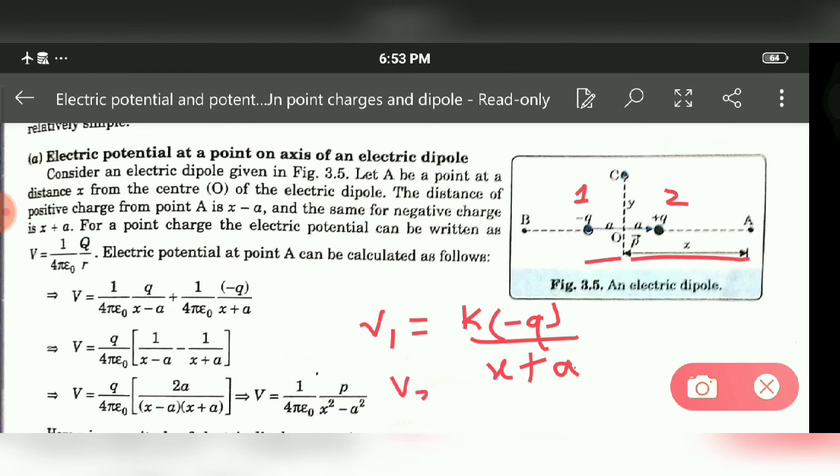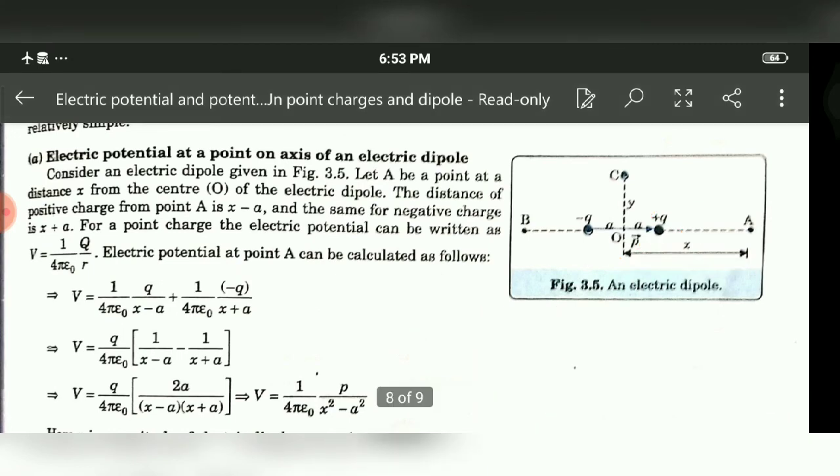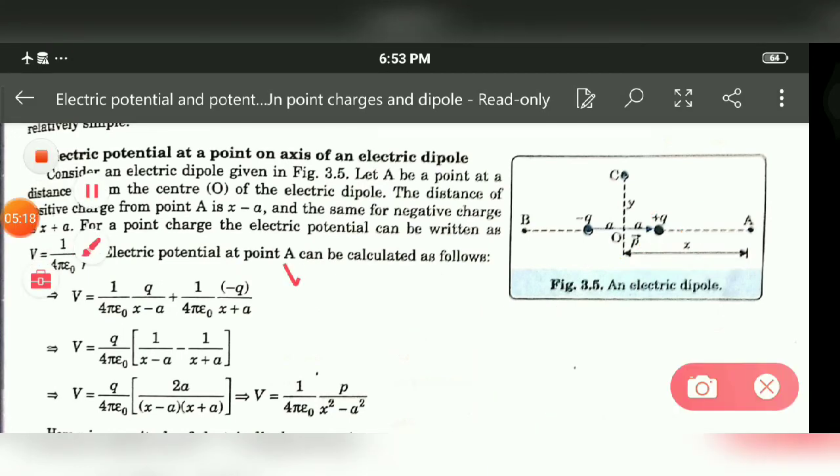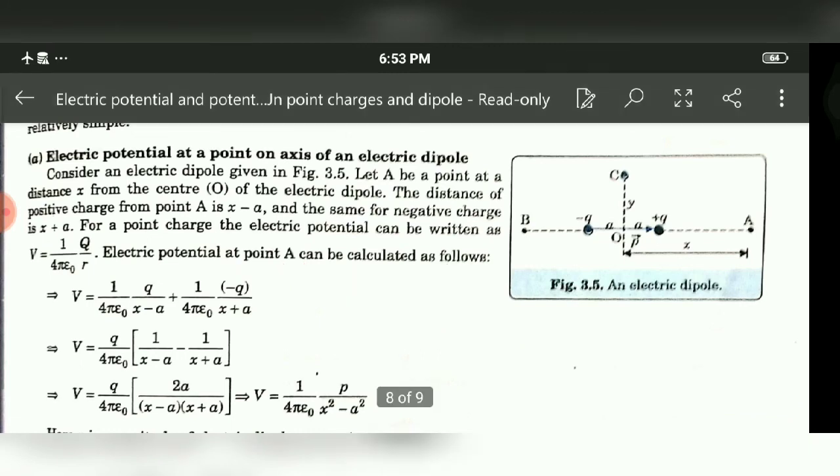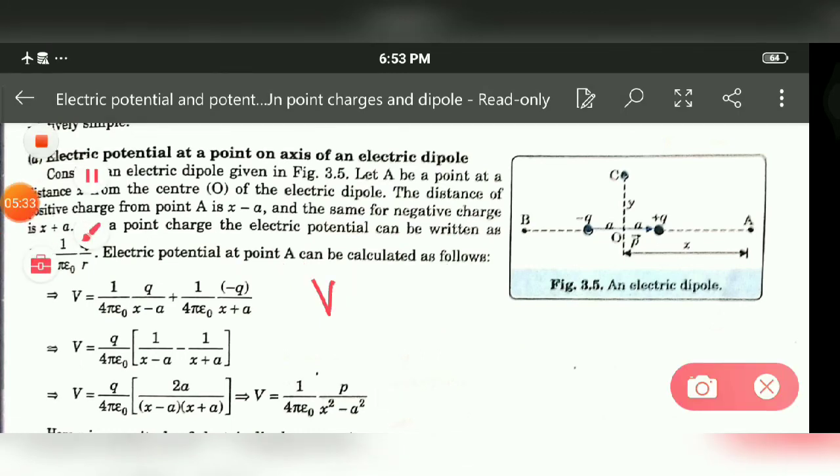And potential due to 2 is k times charge 2, which is positive q, and the distance is x minus a. So we have v1 equal to k minus q by x plus a, and v2 is equal to k times q by x minus a.